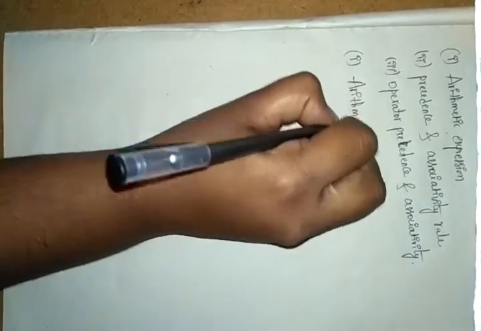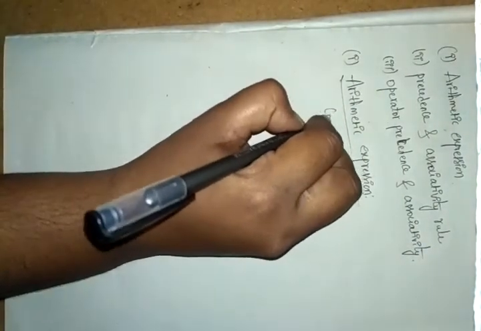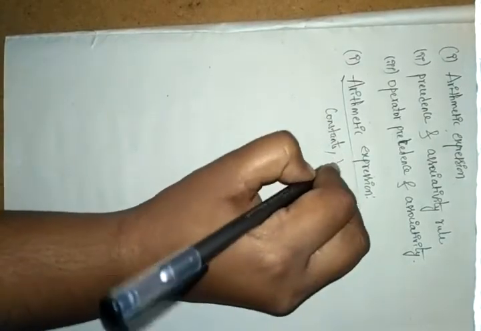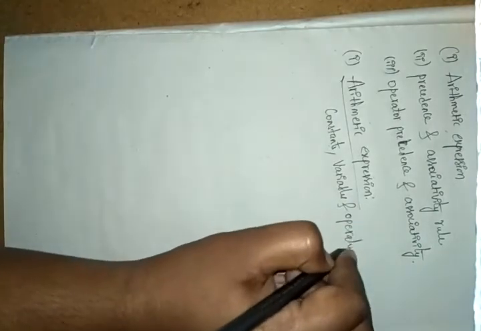This arithmetic expression follows the BODMAS principle. An arithmetic expression is a combination of constants, variables, and operators.